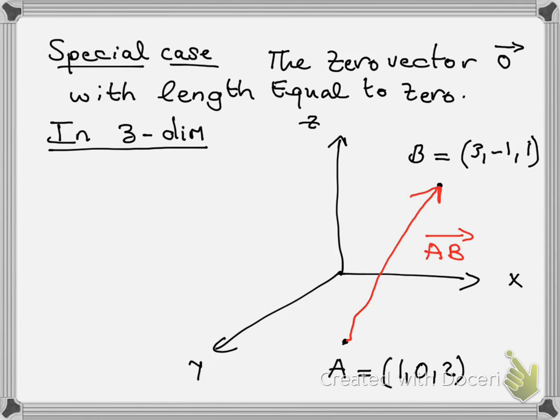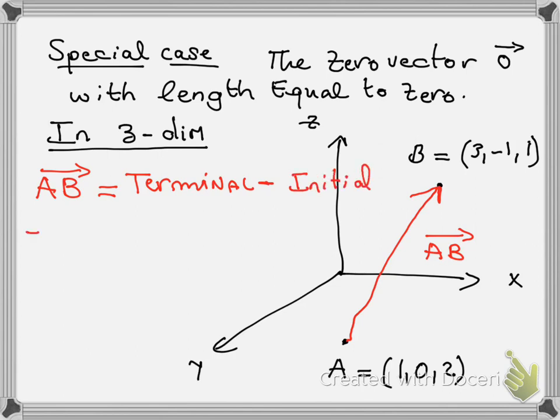Algebraically, you can compute the vector AB, and that will always be the terminal point minus the initial point.